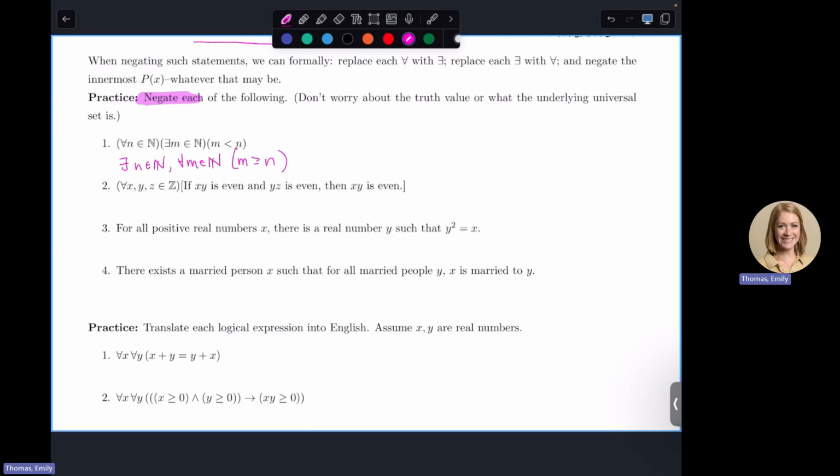All right, how about number 2? Here you got another opportunity to correct negating an if-then statement. The integers.